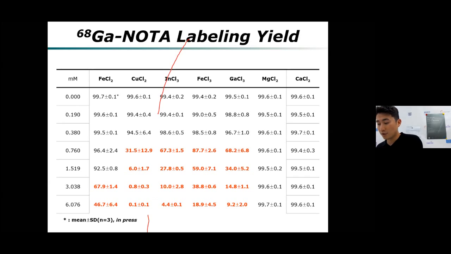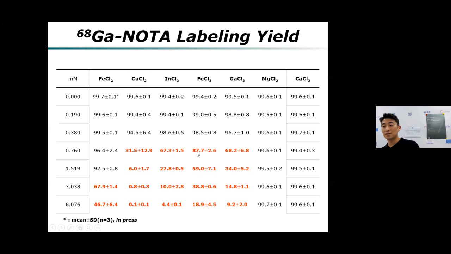We already know that gallium conjugates really well to NOTA, so we wanted to check which metals could compete with gallium. We added iron solution, copper solution, and indium solution with 68 gallium at the labeling condition. 31% of gallium was not labeled with NOTA because of the copper ion, and indium showed 67%, and iron showed 87%.